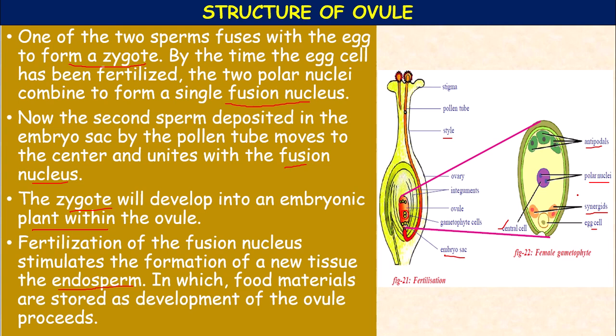Next, the central cell, fusing with the other male nucleus, the fusion nucleus or polar nuclei, results in the formation of endosperm, the food for the development of the ovule.